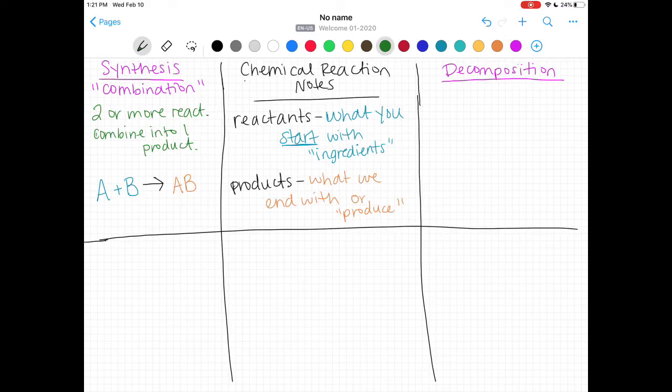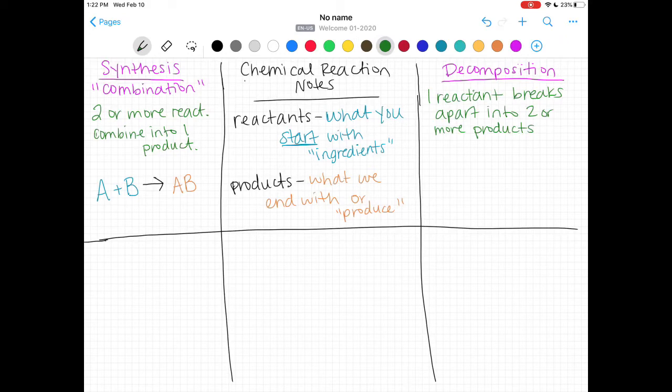So this is when one reactant, reactant, not reaction, sorry, one reactant breaks apart into two or more products.